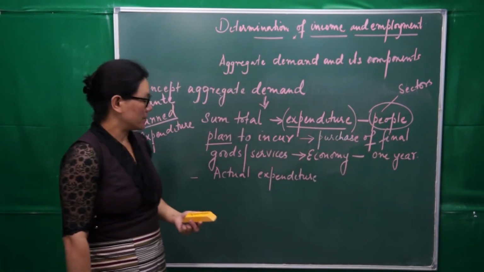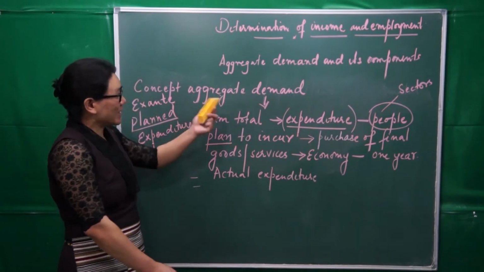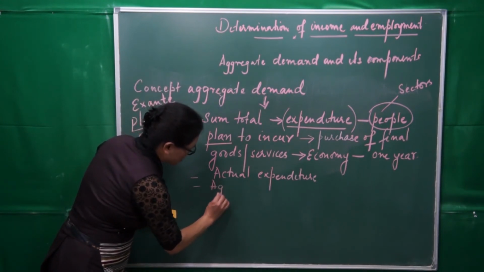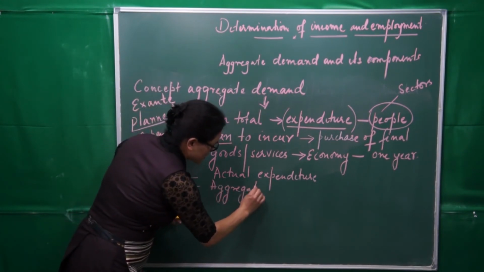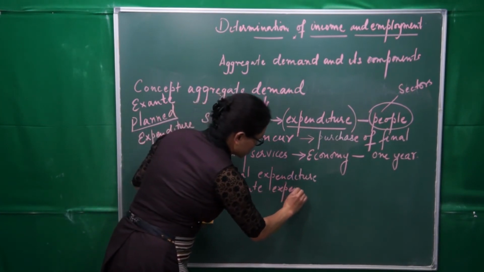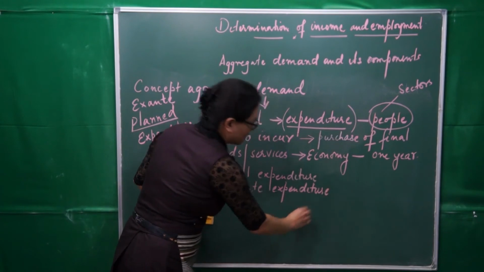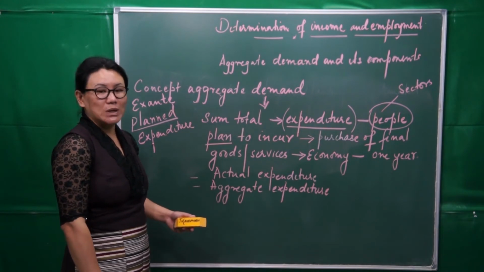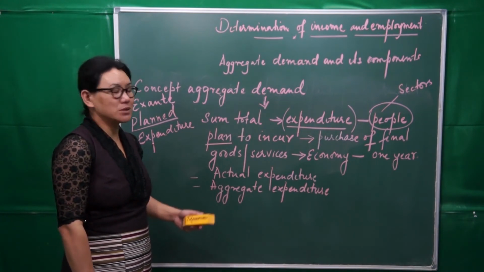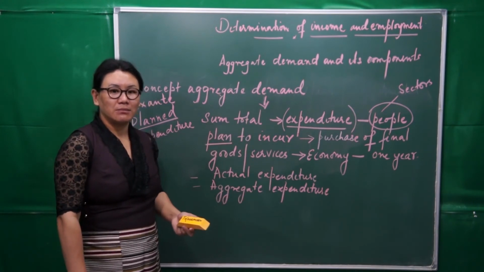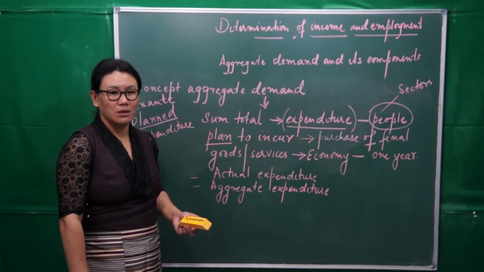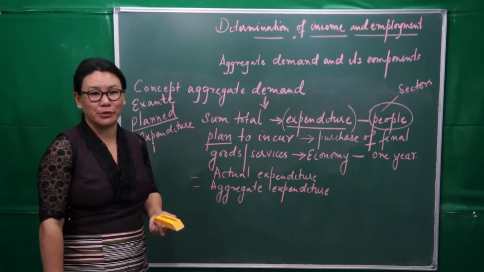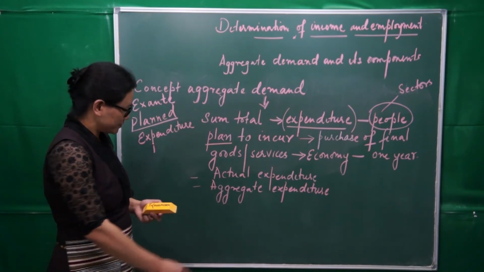Now, this aggregate demand can also be called aggregate expenditure. We need to measure the expenditure in order to measure aggregate demand of a country. Is that clear? So, aggregate demand can also be called aggregate expenditure.